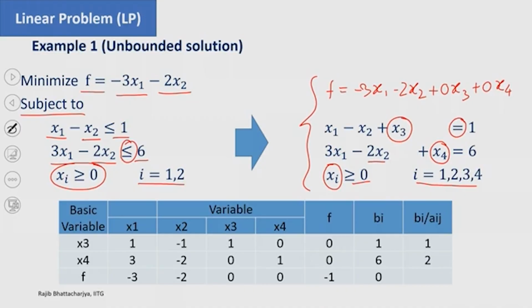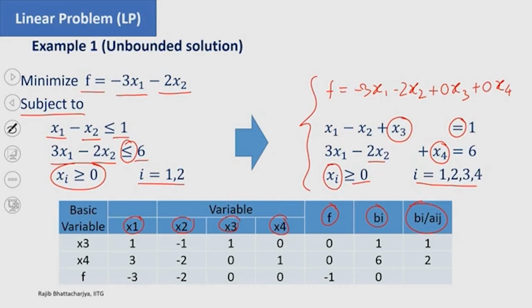If I put this problem in a particular table, I can call it a simplex table. Here we have the variables x1, x2, x3 and x4, so we have a total of 4 variables, then the objective function, then bi, and I will calculate bi by aij.